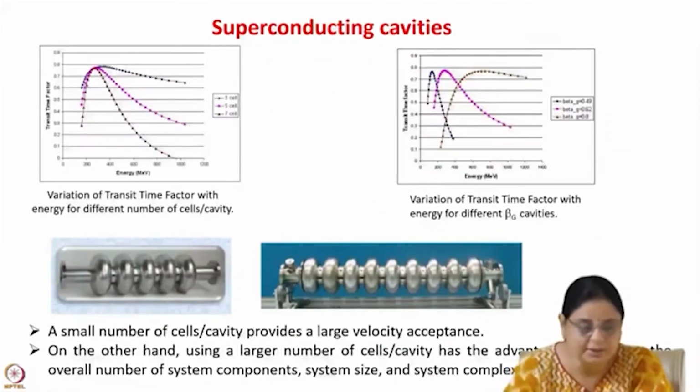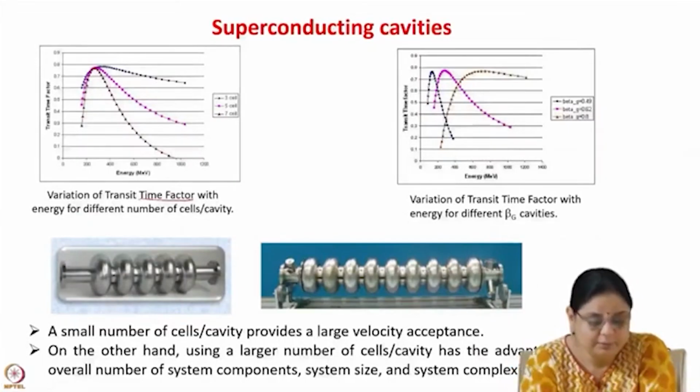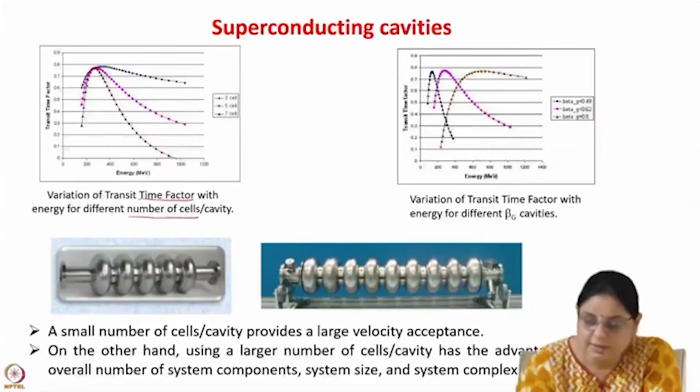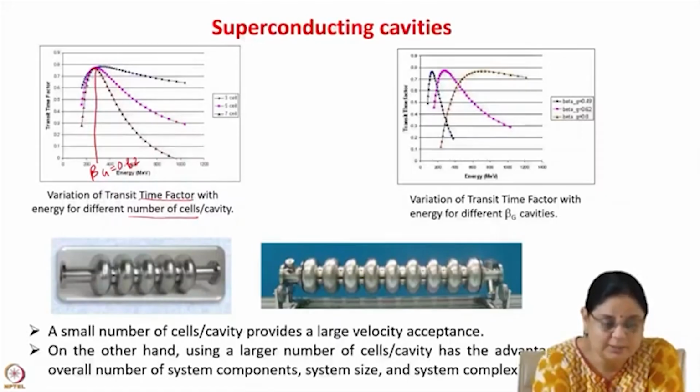So let's see this here. Here you can see the variation of the transit time factor with energy for different numbers of cells per cavity. This is designed for beta g equal to 0.62, for multi-cell elliptical cavities.